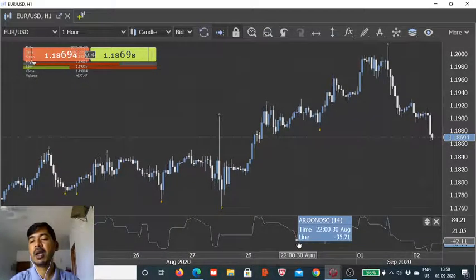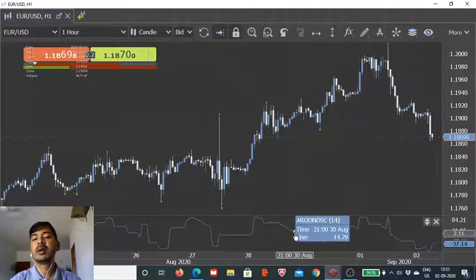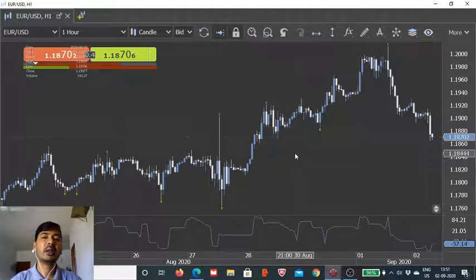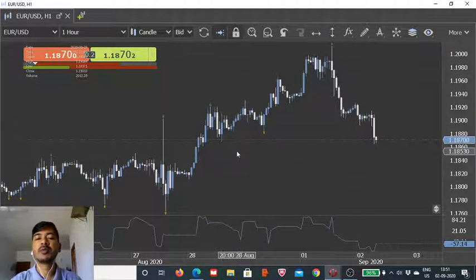But once in a while, we have these false breakdown kind of movements where we see the AROON oscillator value dipping below 0, but immediately the next hour it recovers the lost ground and zooms back into bullish territory, the value above 0.